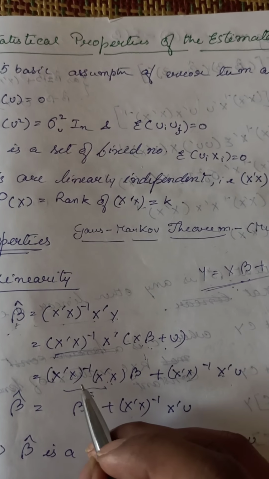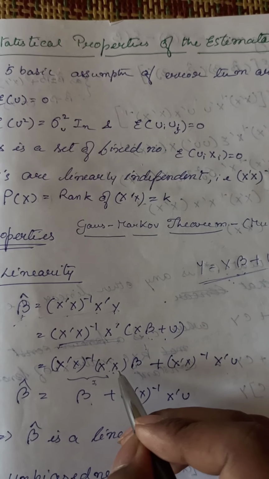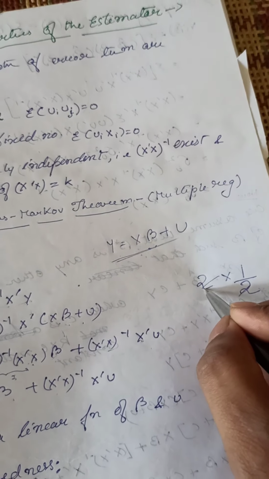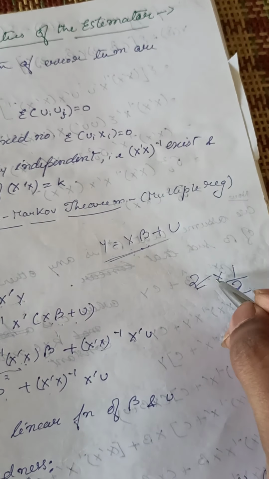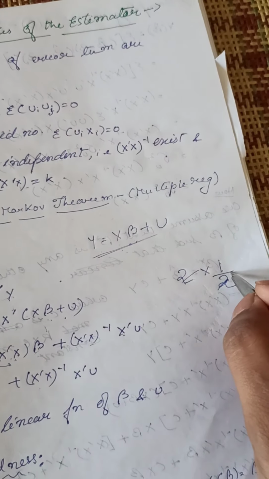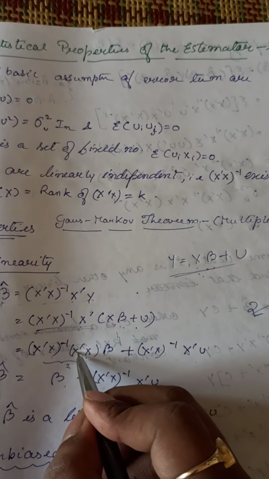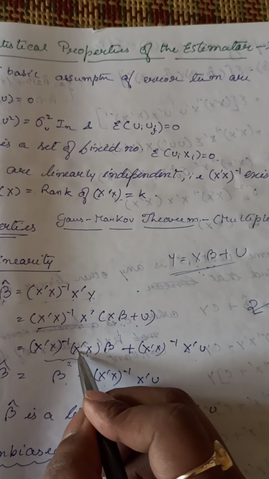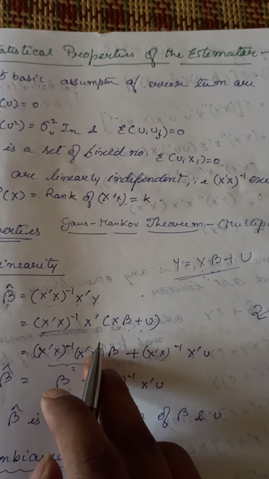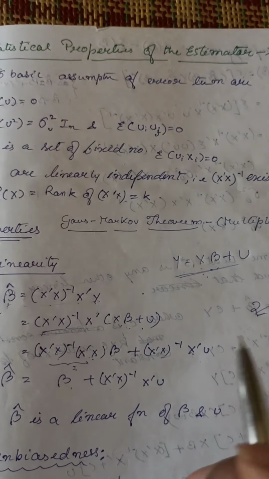Then in this step we see that X transpose X is being multiplied with its inverse. Just for an example, let us take 2, and if we multiply it with its inverse, that means we are multiplying with half. So 2 and 2 get cancelled and we are left with 1. Here also we should get 1. However, X transpose X is a matrix, so when we multiply a matrix with its inverse, we get the identity matrix and not 1.